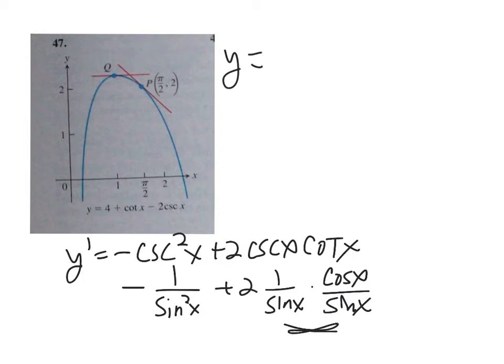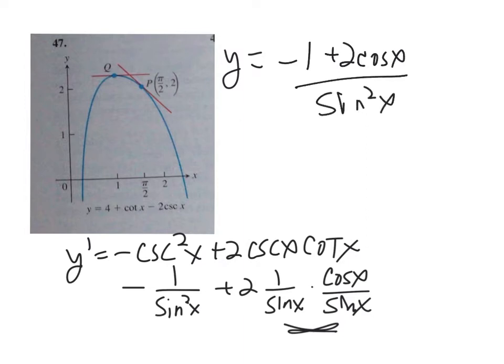See how when I multiply those, I get sine squared? So I've got two fractions. I'm going to multiply this whole mess, that's a fraction, or a rational expression, over sine squared, over sine squared. So I can just rewrite this as negative 1 plus 2 cosine x over sine squared x. So that's the derivative. Started ugly, looking more tame.